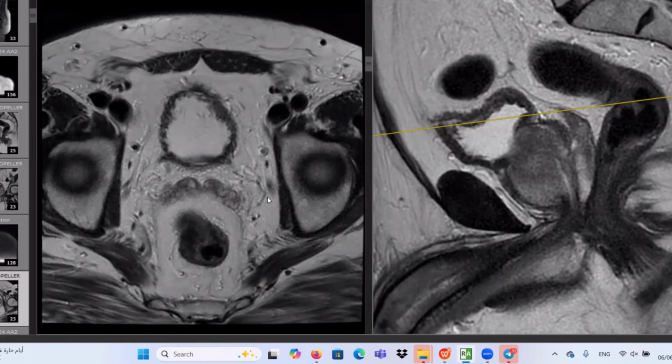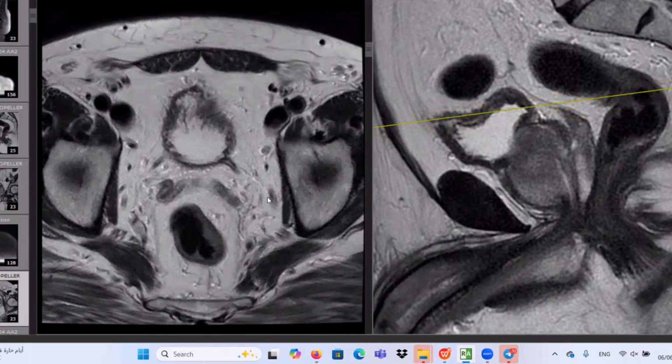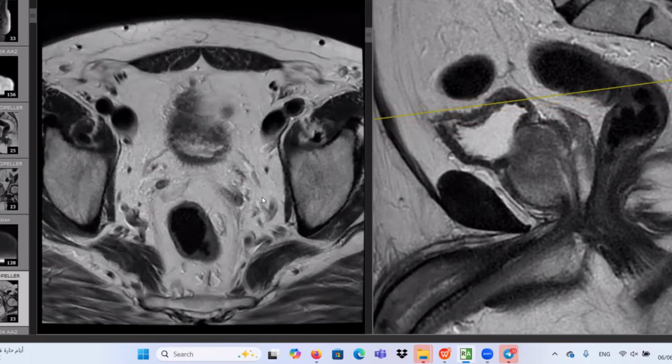We have also some anatomical landmarks. This is the urinary bladder, and these are the ureters. As you see here, this is one ureter, and this is another ureter. We have another anatomical structure here.